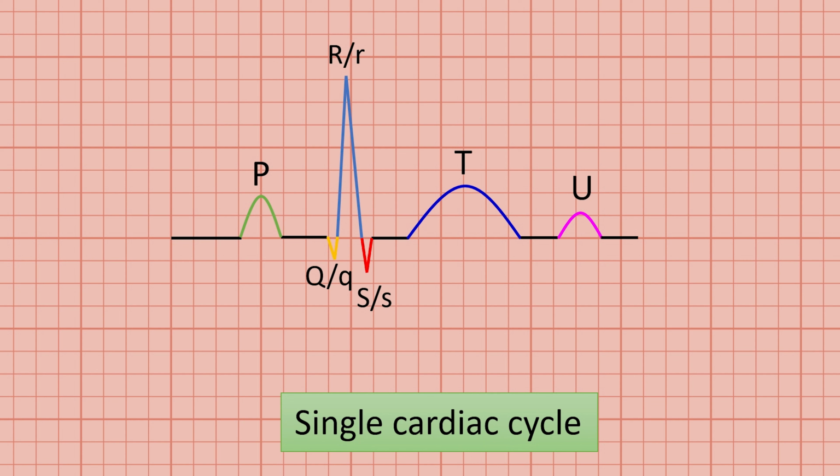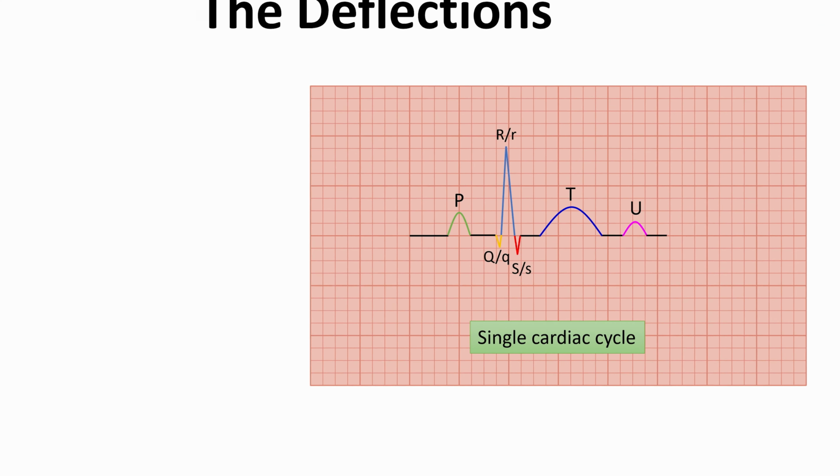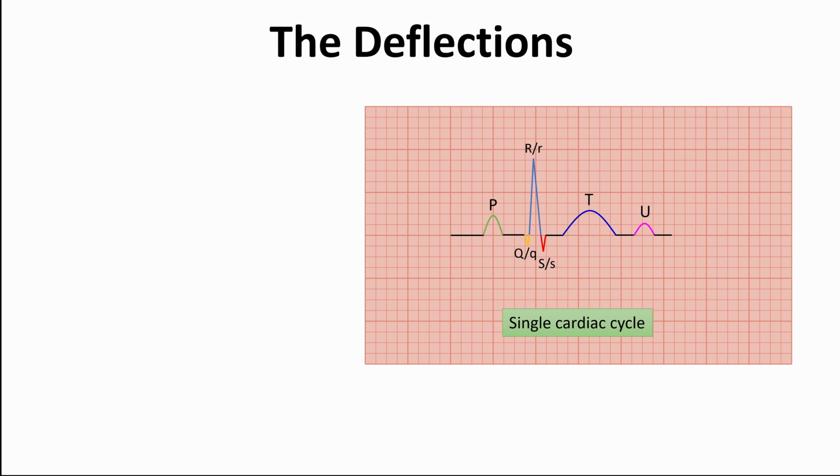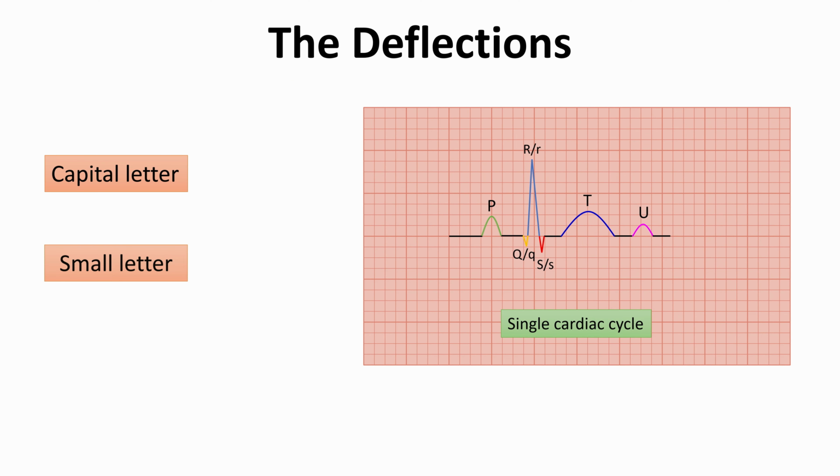By convention, P, T, and U waves are always denoted by capital letters, while the Q, R, and S waves can be represented by either a capital letter or a small letter, depending upon the relative or absolute magnitude.